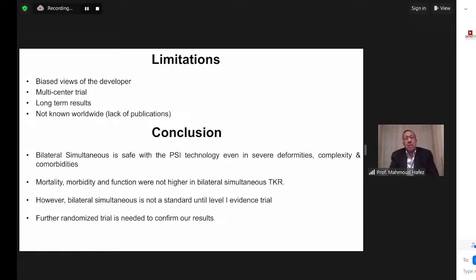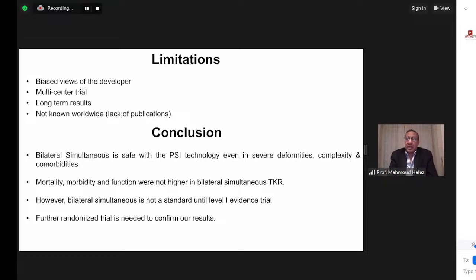So in conclusion, bilateral simultaneous TKR is safe with the PSI technology, even in severe deformities, complexity, and comorbidities. Mortality, morbidity, and function were not higher in bilateral simultaneous TKR. However, bilateral simultaneous is not standard until a level 1 evidence trial is done.